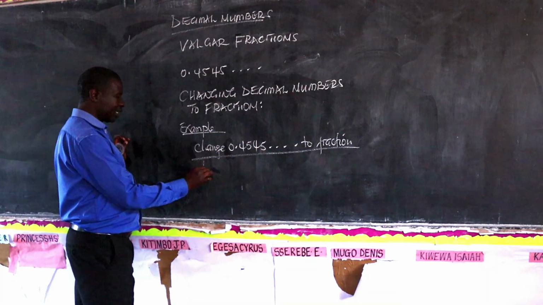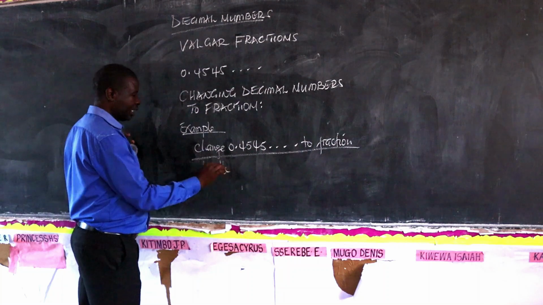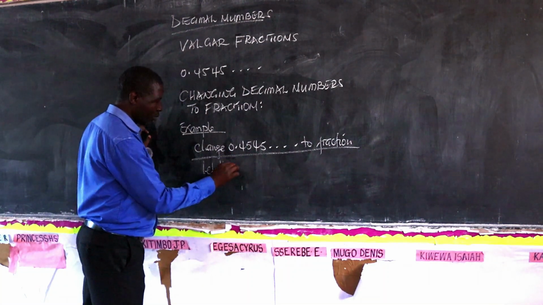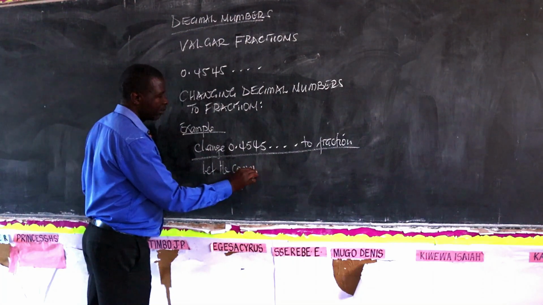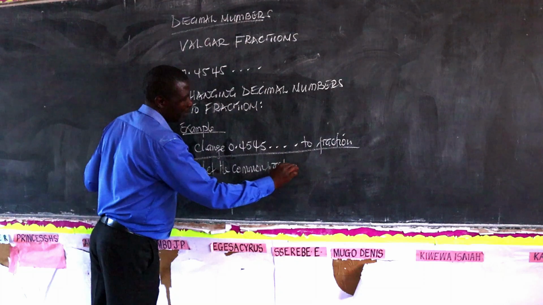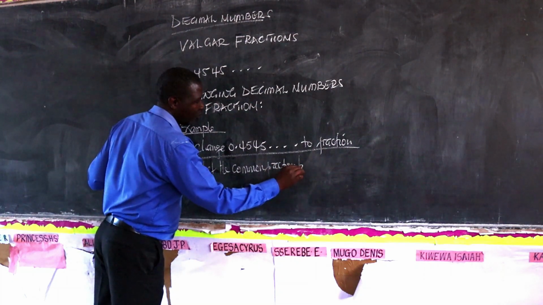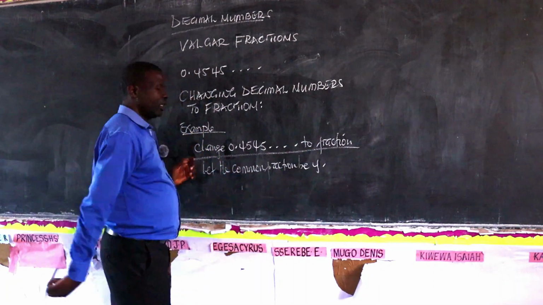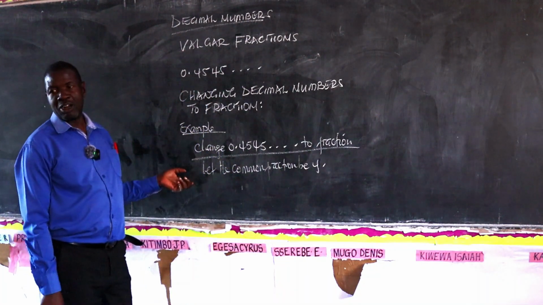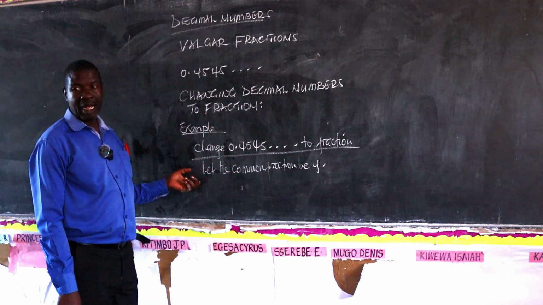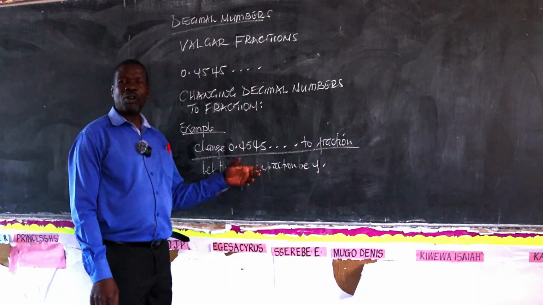So your work here is to let the common fraction be an unknown of your choice, and our unknown of choice is y.